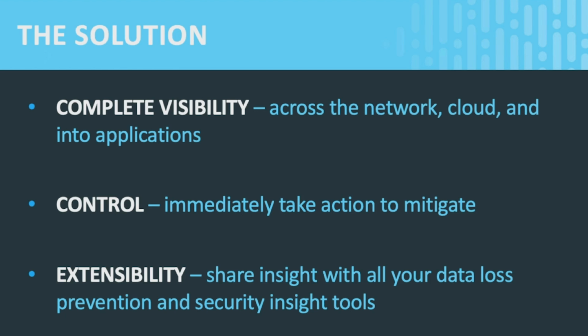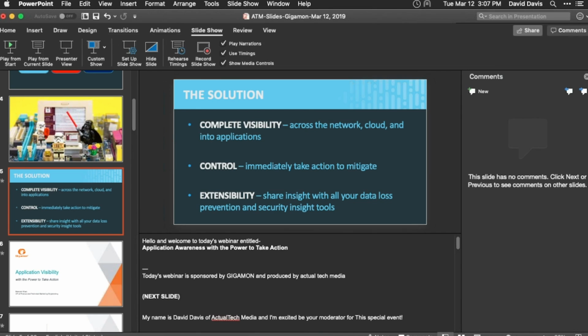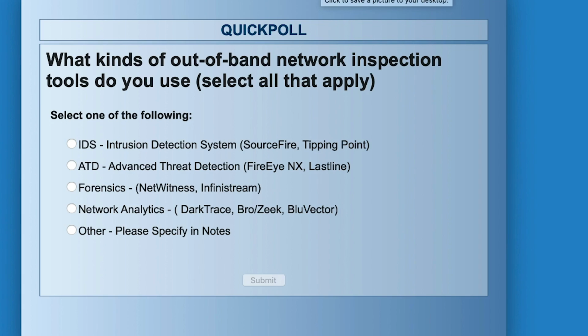Before I hand it over to Basan, I want to ask the audience a poll question. It should be on your screen. The question is, what kinds of out-of-band network inspection tools do you currently use? The options here are IDS, intrusion detection system, could be like a Sourcefire or a TippingPoint; ATD, advanced threat detection like FireEye or Lastline; forensic tools like NetWitness or InfiniStream; or network analytics tools like Darktrace or others.